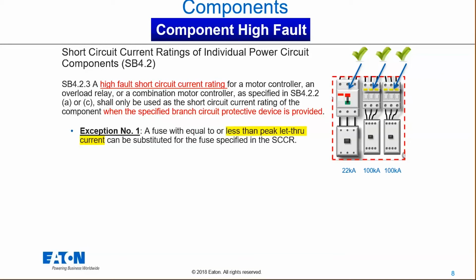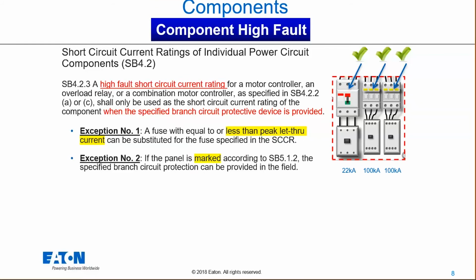Exception number 1, a fuse with equal to or less than peak let through current can be substituted. So if I have a fuse already picked out, already designed in by the component manufacturer, so if they say I can use a class RK1 fuse, or I can use any fuse, I can now choose a fuse with less peak let through current, and I could substitute it just fine to meet that rating, to get that component high fault rating.